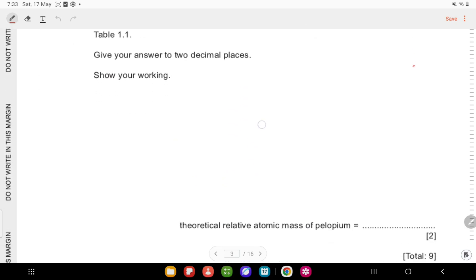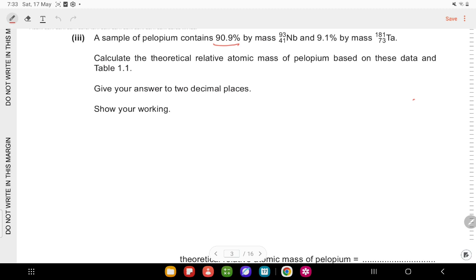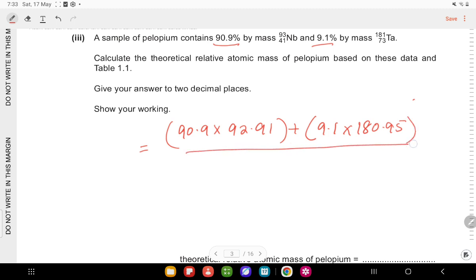So let's calculate. This is 90.9 into 92.91 plus 9.1 into 180.95 divided by 100.